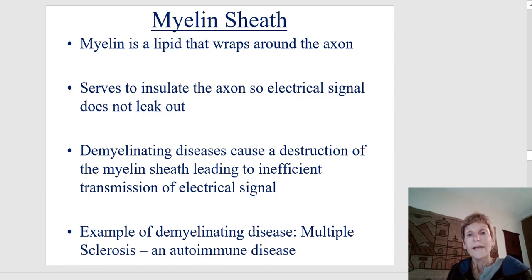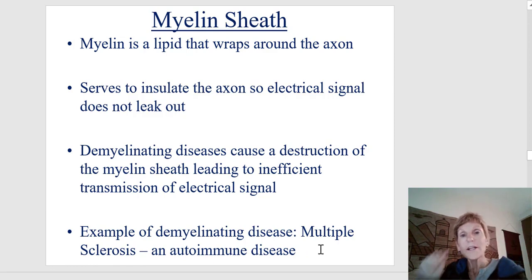And so I just want to quickly talk about one example of a demyelinating disease that you may have heard of, and it's called multiple sclerosis, or MS, which I want you to know. The reason why I want you to know this, besides the fact that it's relevant to this lecture, is that multiple sclerosis is something called an autoimmune disease.